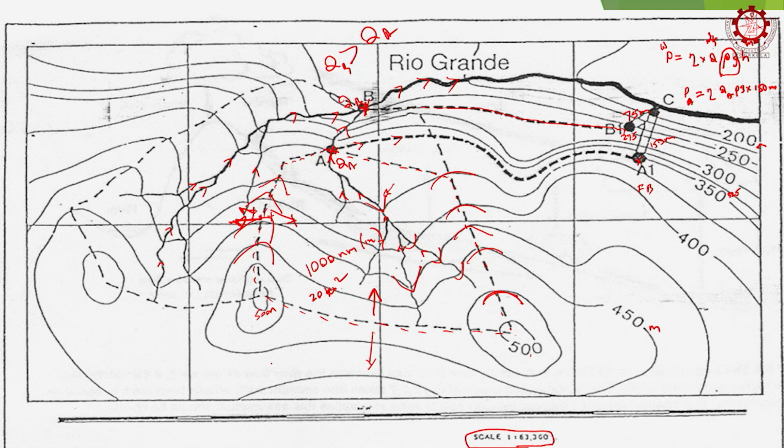Therefore, 20 square kilometers is 20 into 10 to the power 6 square meters, into 1 meter, that is 20 into 10 to the power 6 cubic meters coming into your catchment, right. I am just putting random numbers here, just to understand the principle.